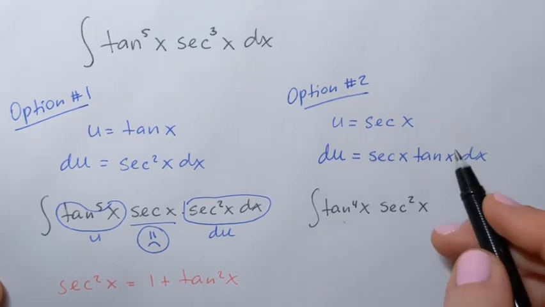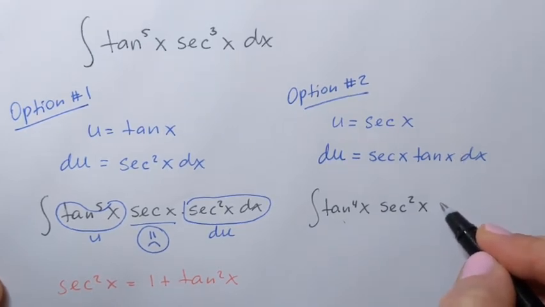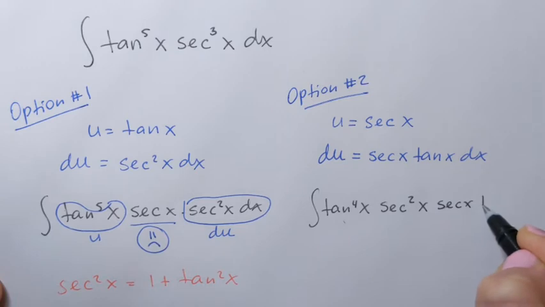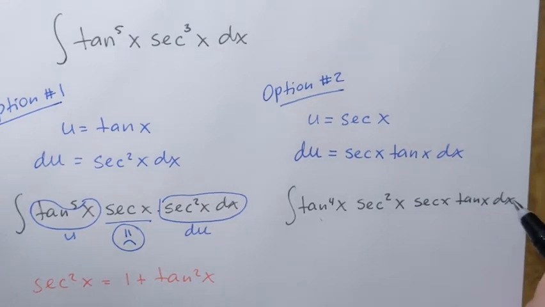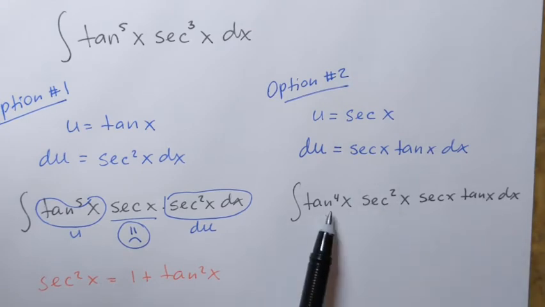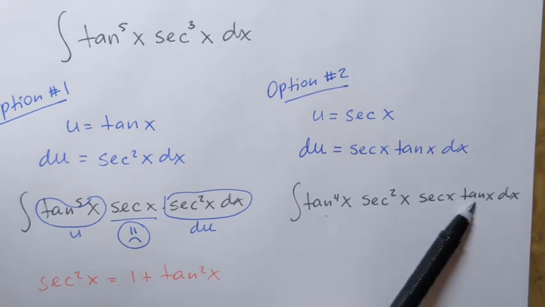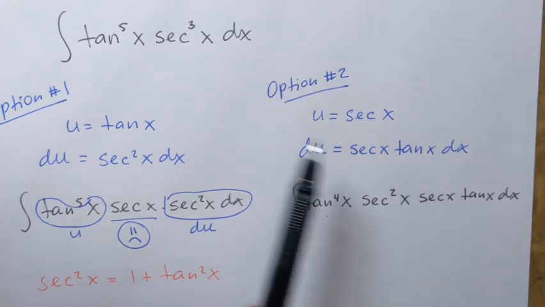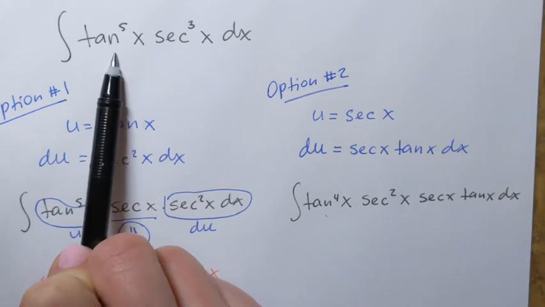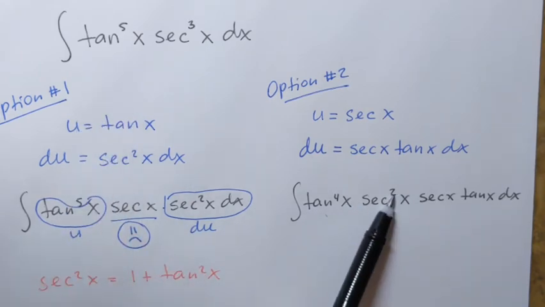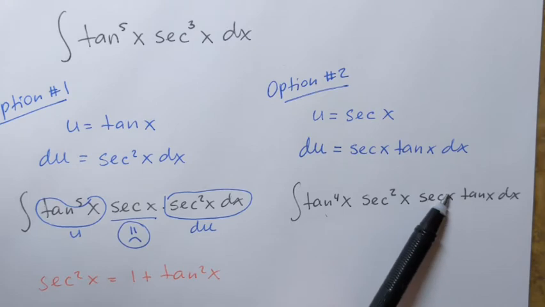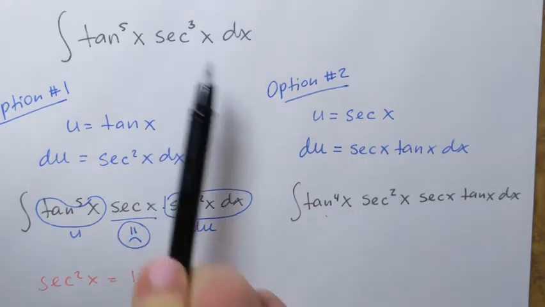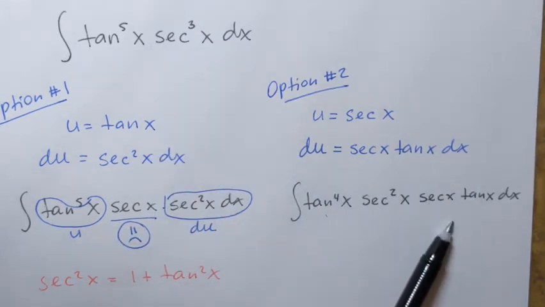And here they are, those single factors, secant x tangent x dx. Now I will double check. Tangent to the fourth power times tangent gives me the fifth power. Well, here it is in my original integral. And then secant squared times secant gives me secant cubed. Well, here it is. Okay, so I am looking at my original integral. I just manipulated it a little bit.